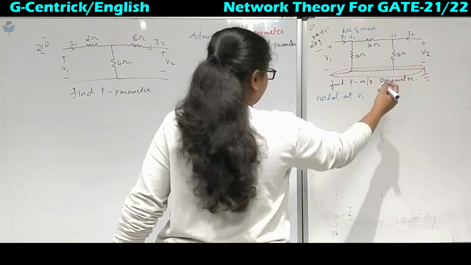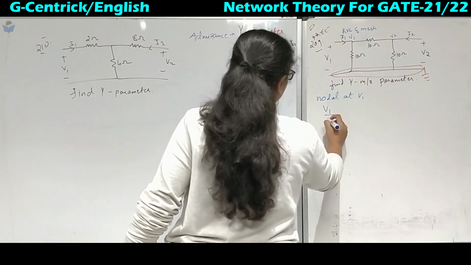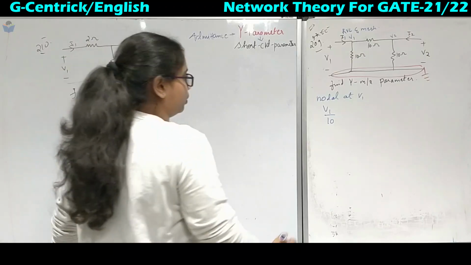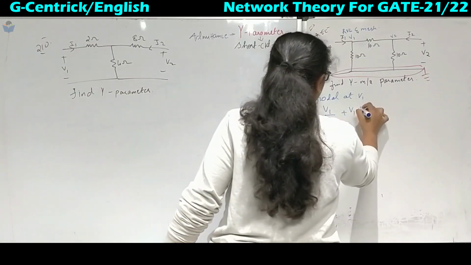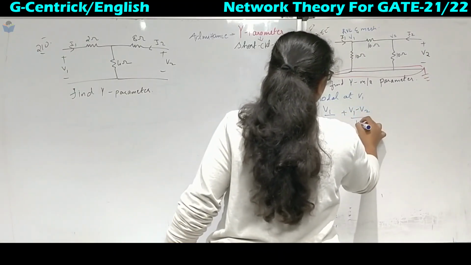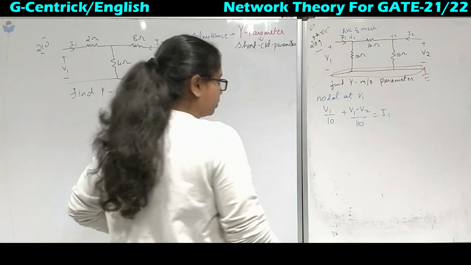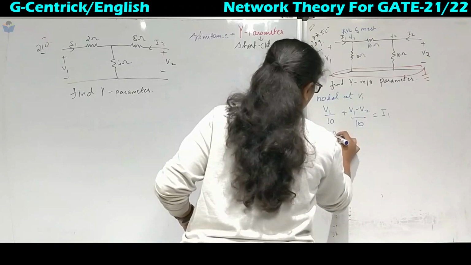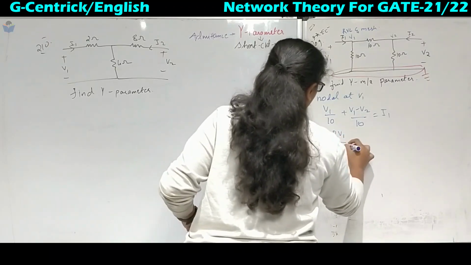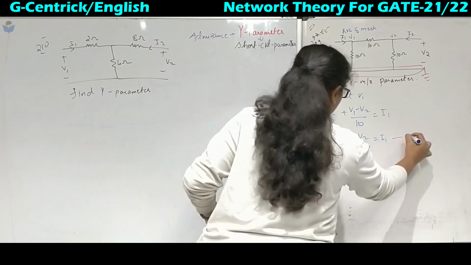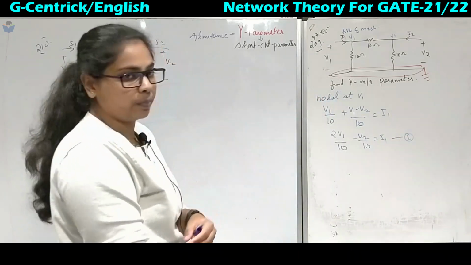This is V1 upon 10, then we have V1 minus V2 upon 10, and the incoming current is I1. Simplifying, we get 2V1 over 10 minus V2 over 10 equal to I1. We will call this equation number 1.